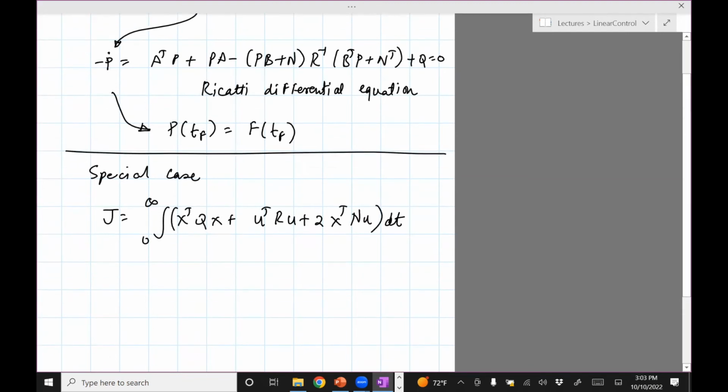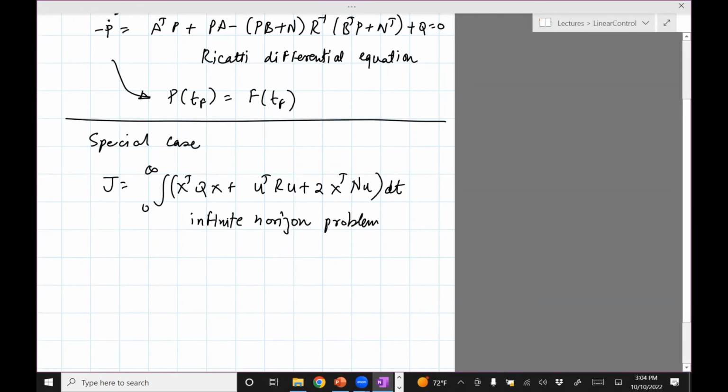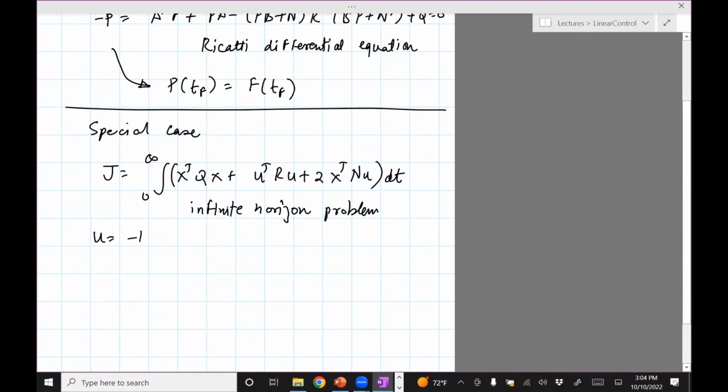So this is what is known as the infinite horizon problem. Its solution is also u equals minus Kx, and you have the same K matrix.